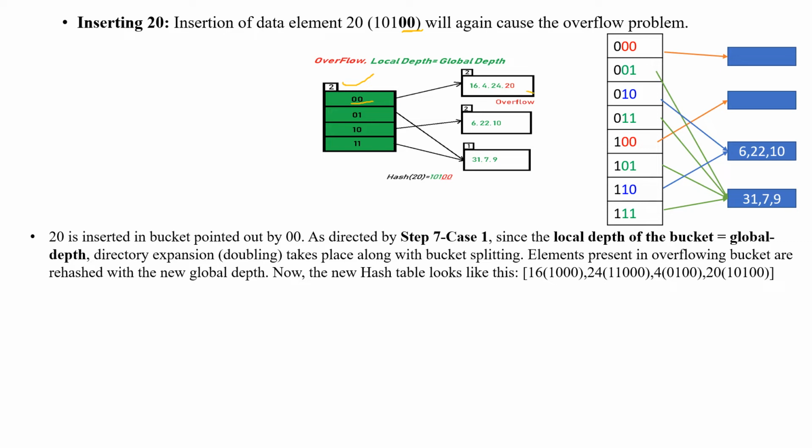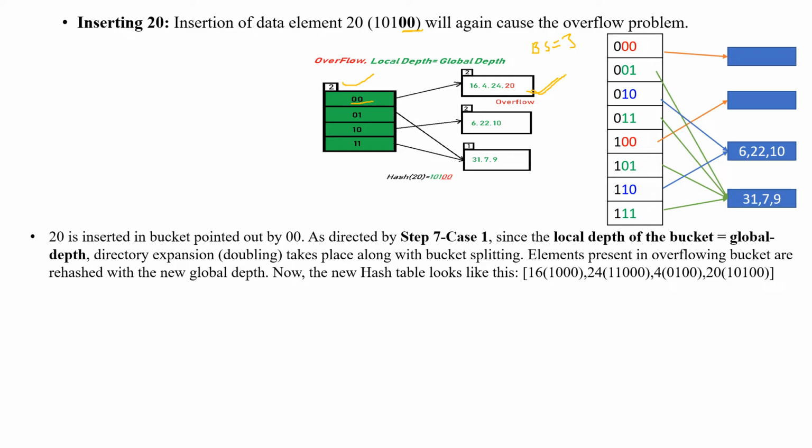But we know the given bucket size is only 3, but here there are 4 elements. Bucket size is 3, but there are 4 elements. It means we have a 3-seater room, but a 4th student also wants to come into that room, and that's not possible.